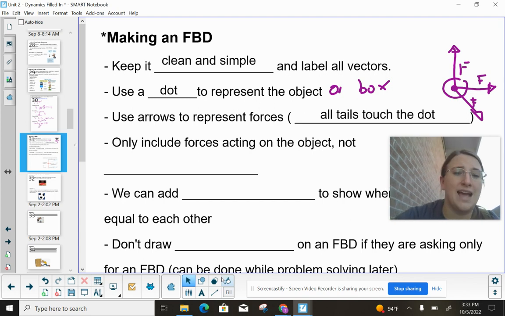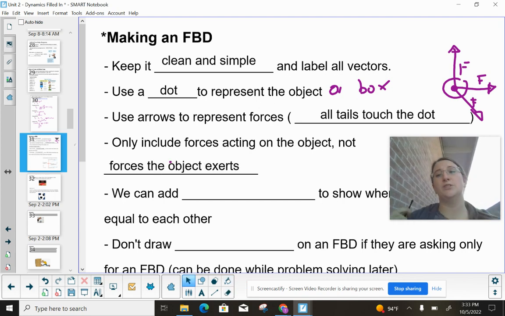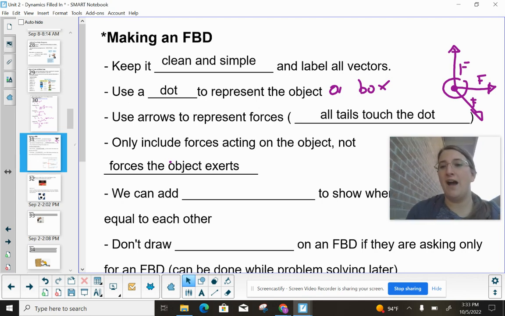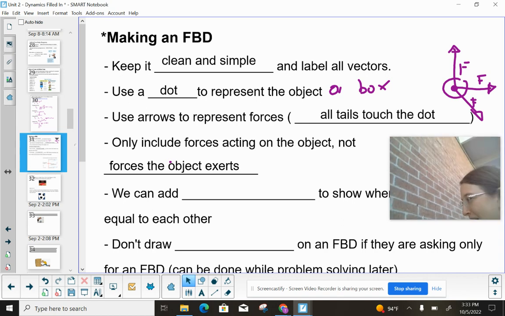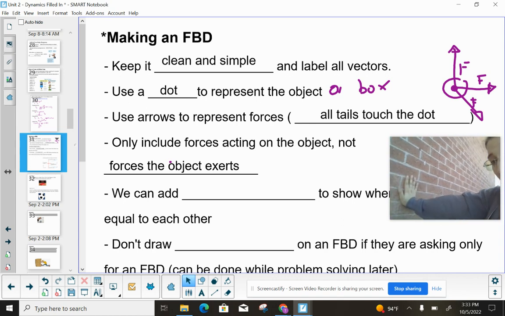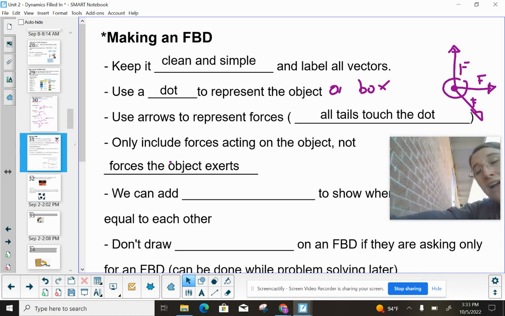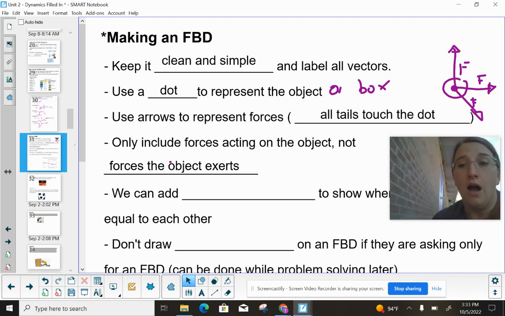You only include forces acting on the object, not forces the object exerts. We're going to learn this later. This is Newton's third law. But if I am, let's look at this wall here. If I am pressing on this wall, the wall actually presses back at me.